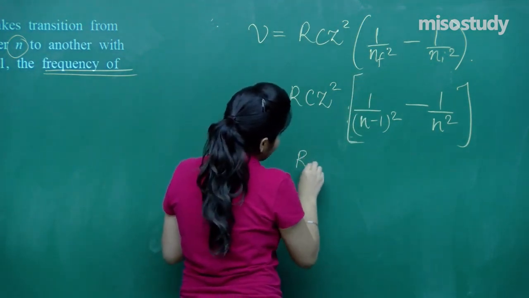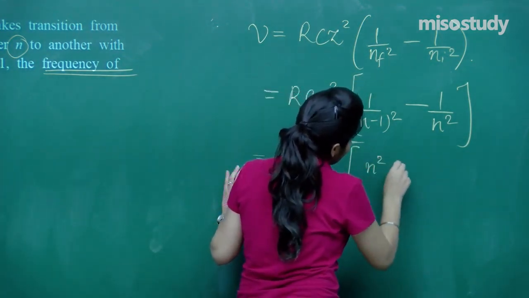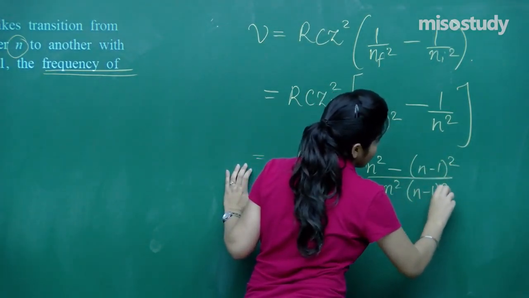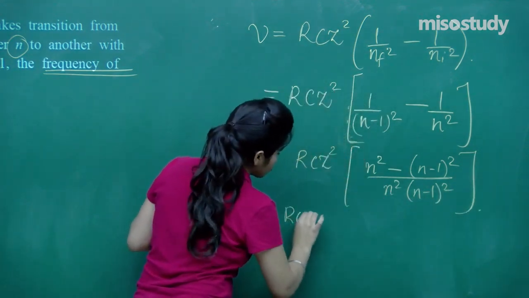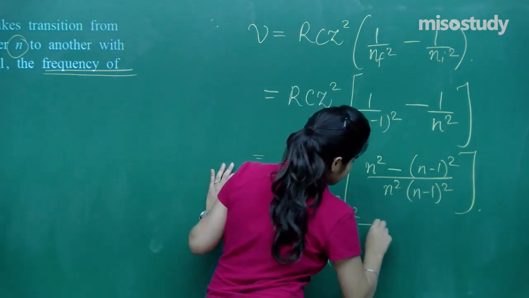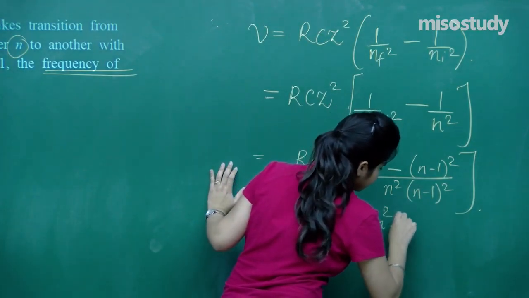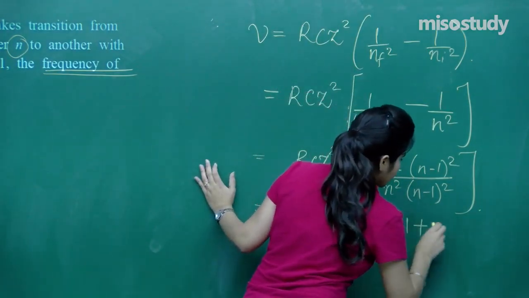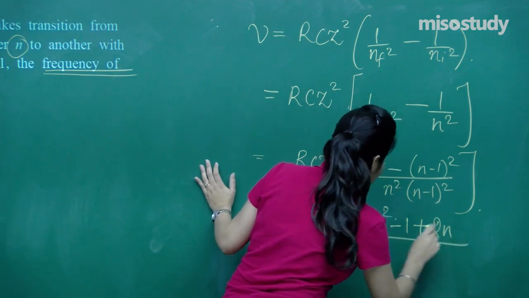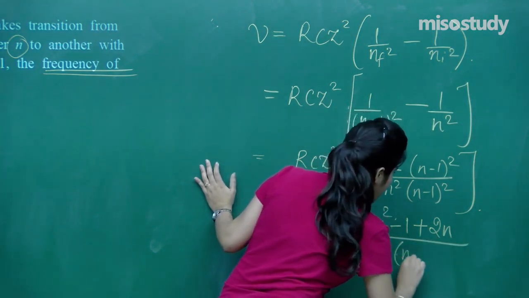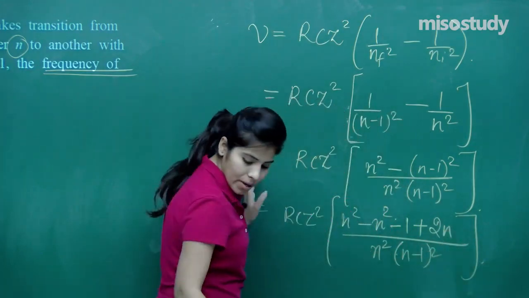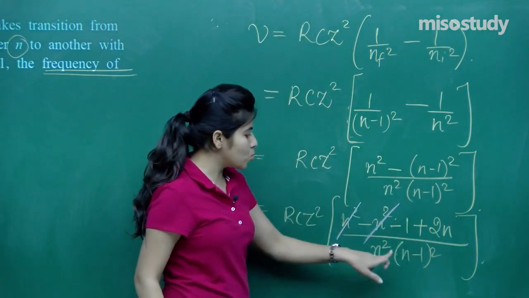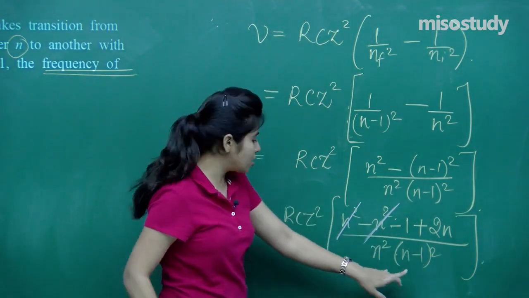Just open it, we will have n square minus (n minus 1) whole square, divided by n square into (n minus 1) whole square. If you solve this, using a square plus b square minus 2ab, divided by n square into (n minus 1) whole square, you can see n square cancelled and you are left with 2n minus 1 divided by n square into (n minus 1) whole square.